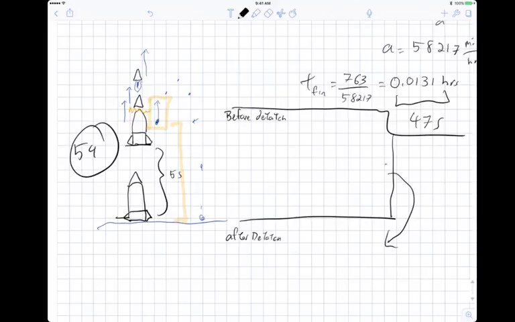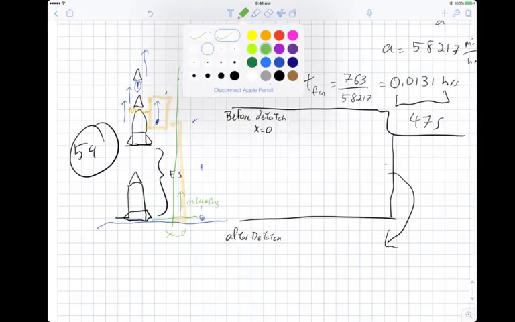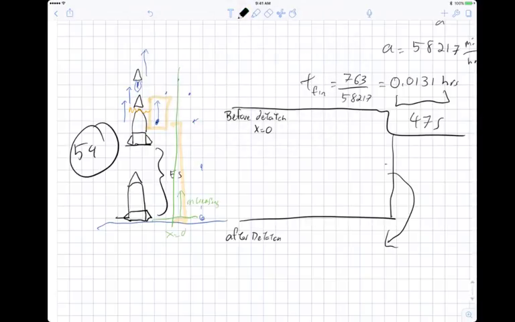So before the detachment, the initial position, let's put 0. Alright, I guess I got to draw the reference frame. I'll set this as x equals 0, and I'll put that as increasing. So I'm not a sociopath. V0 is equal to 0, and the acceleration is, it says it's upwards of 4g, so that's 4 times 9.81.